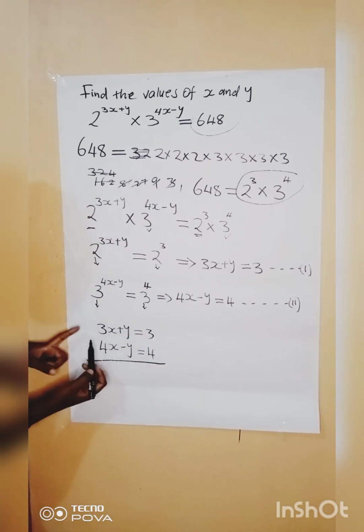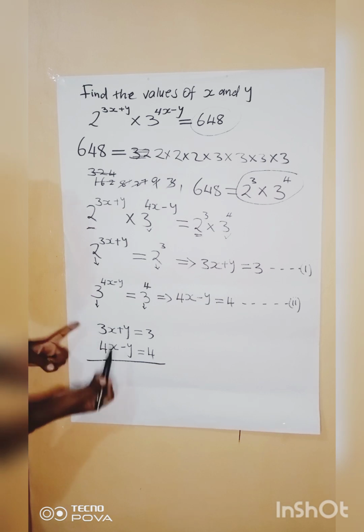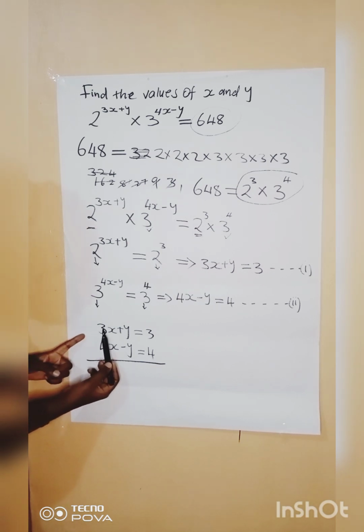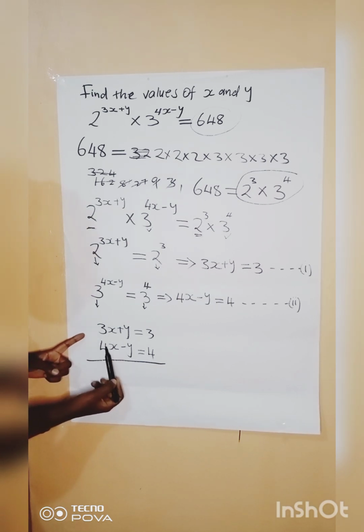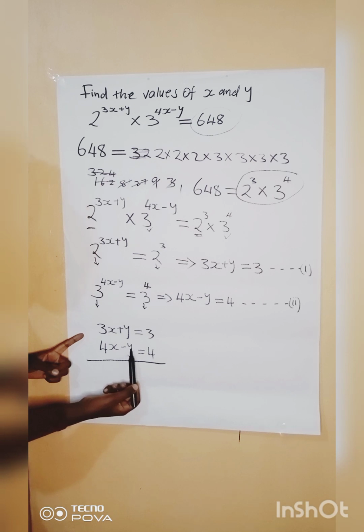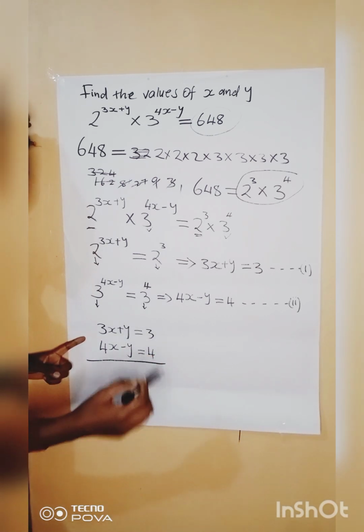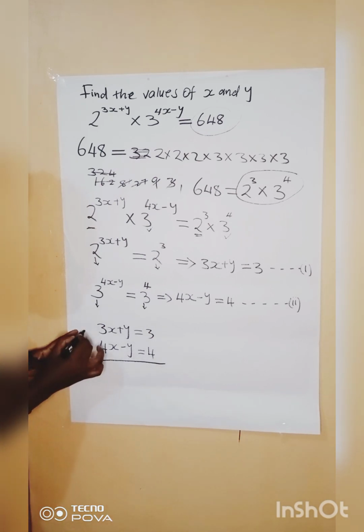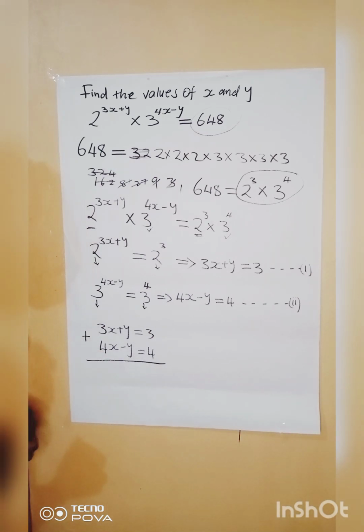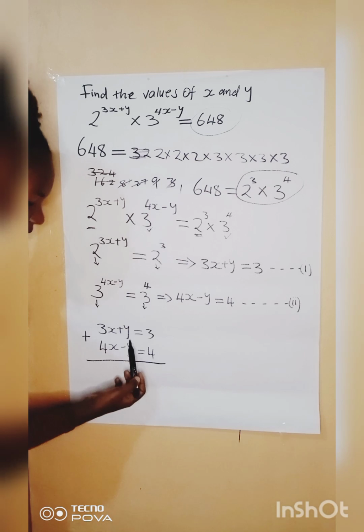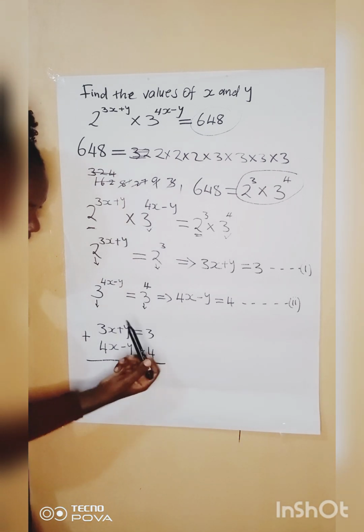Okay, let me see. If I use addition, I'm going to have y plus minus y, which is equivalent to y minus y. So I can use my addition sign here. That will help me to eliminate the values of y here.